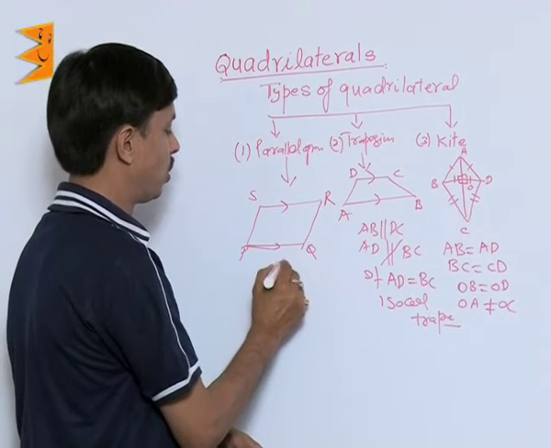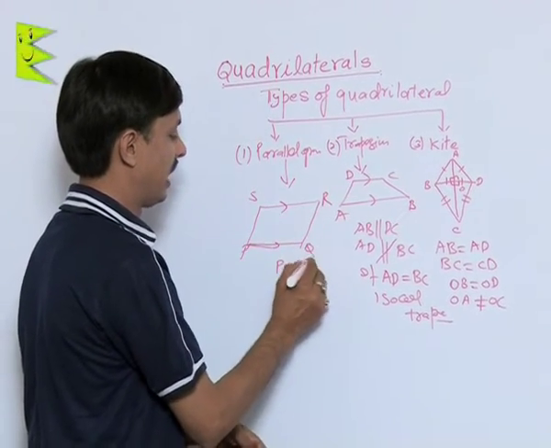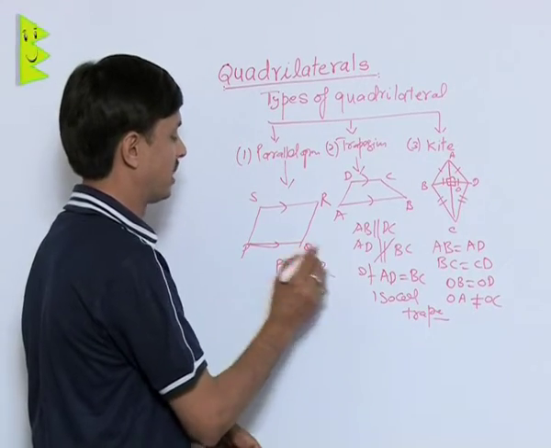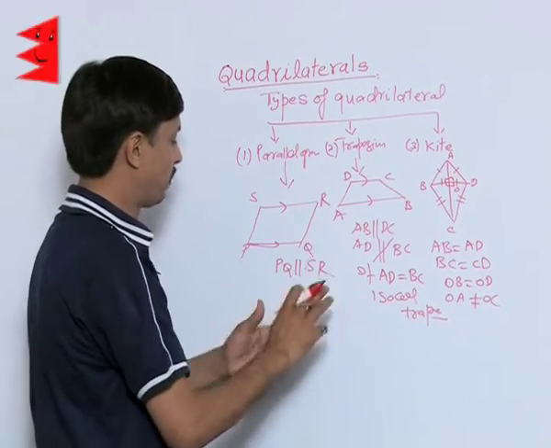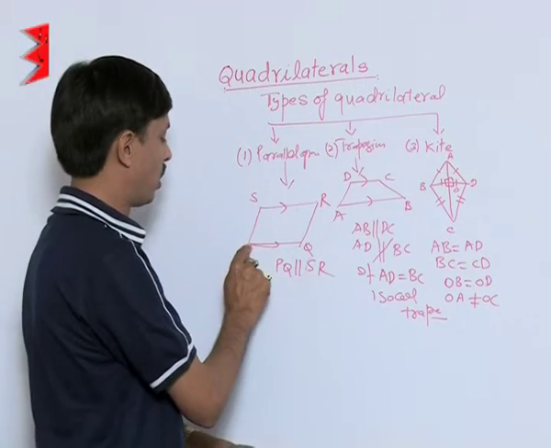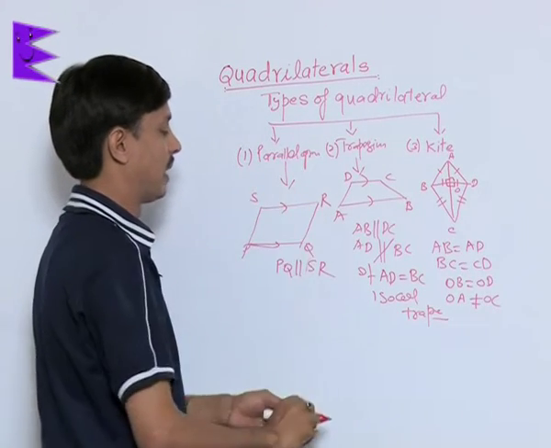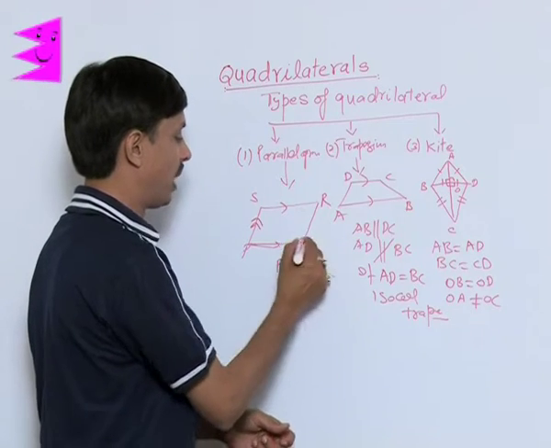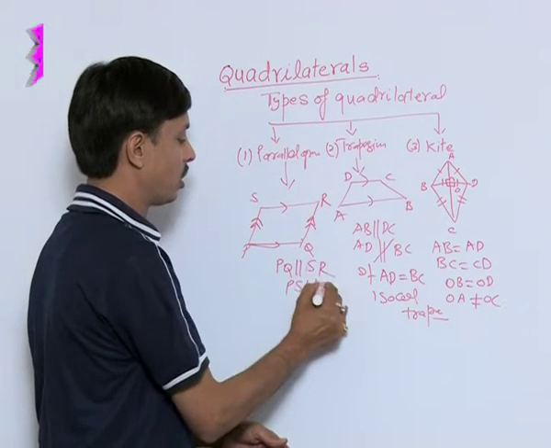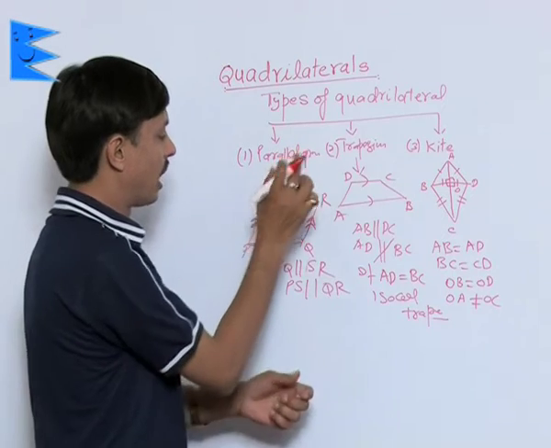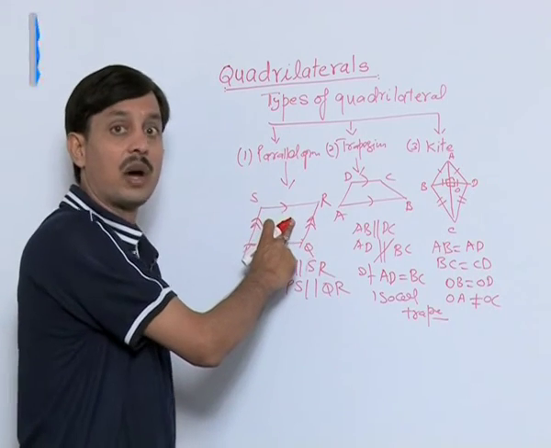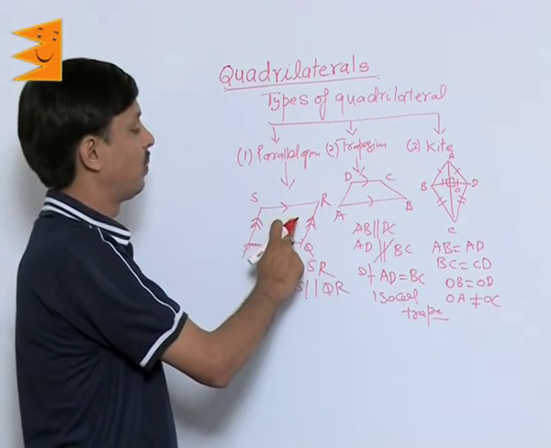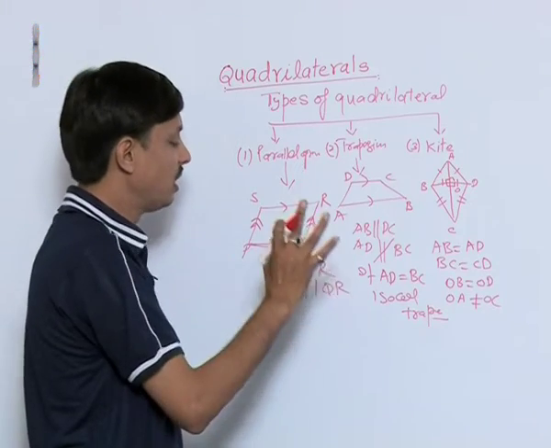PQ is parallel to SR. You name it SR, not RS. Though it is parallel, take care about order. If it is PQ, then take SR. And you can observe that PS is parallel to QR. So what is a parallelogram? Parallelogram is that kind of quadrilateral where both pairs of opposite sides are parallel.